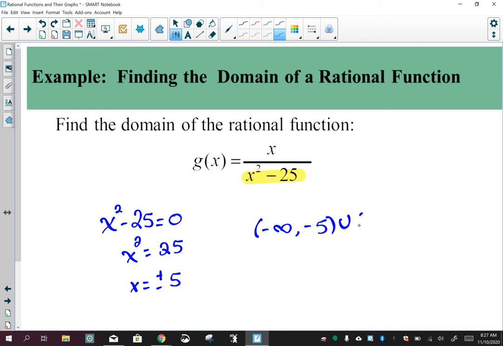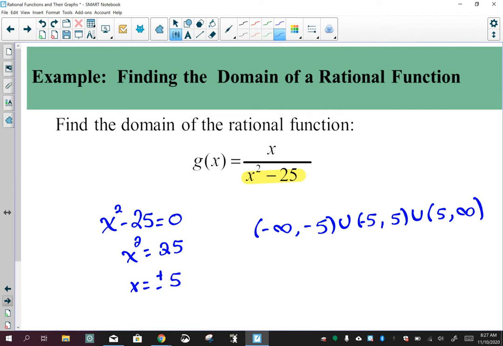Union, I'm going to run from negative 5 to 5. I'm going to union again, and then go from 5 to positive infinity because I don't have any other restrictions. Both my negative 5 and my 5 have shown up, so this would be the domain for this one here.